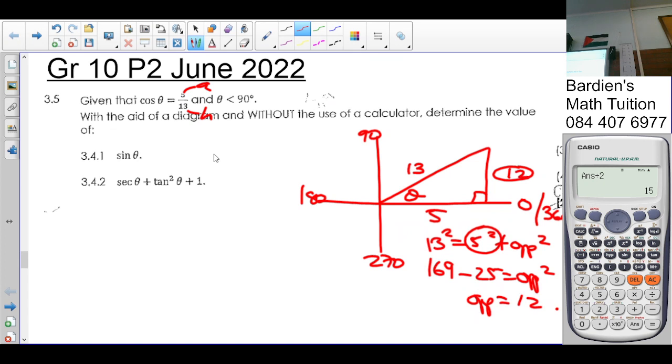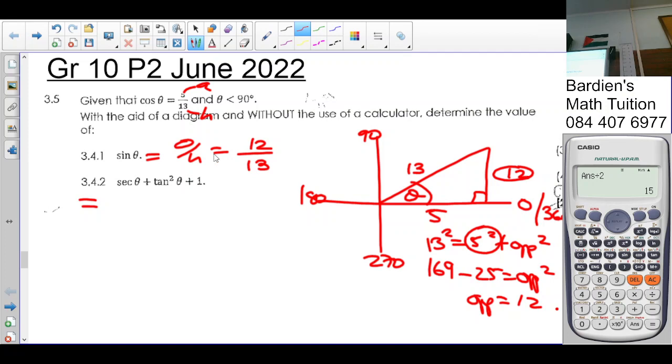With the aid of a diagram, that's exactly what they did, and without the use of a calculator, determine the value of the expression. Now what does sine stand for? Opposite over hypotenuse. So my opposite to the angle is 12, my hypotenuse is 13.